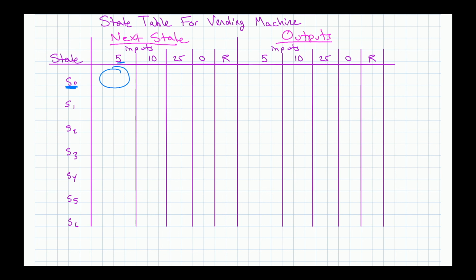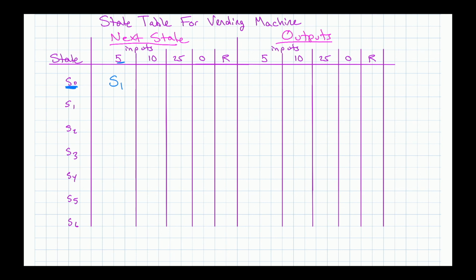So you put a nickel in. What happens? Well, if you're in state 0 and you put in 5 cents, then you should be moving to state 1 because state 1 is 5 cents, right? State 1 is 5 cents in the machine. So you put an S1 there.